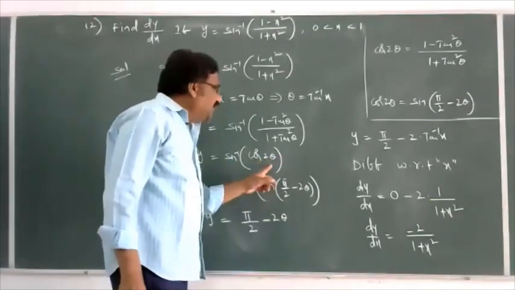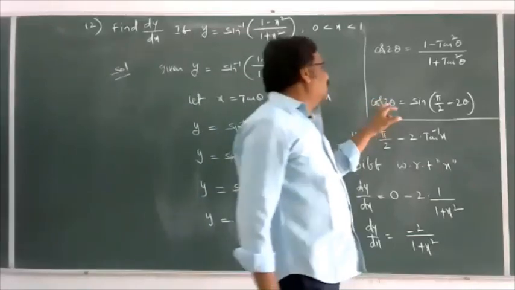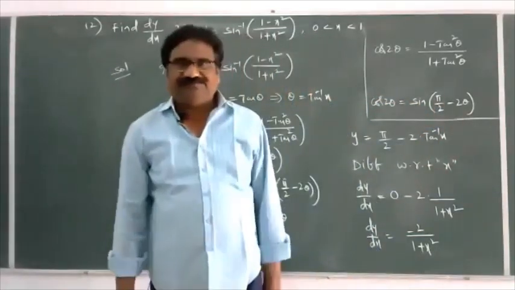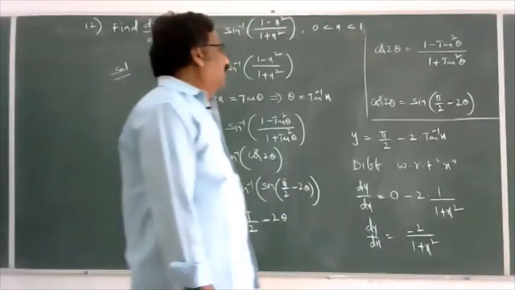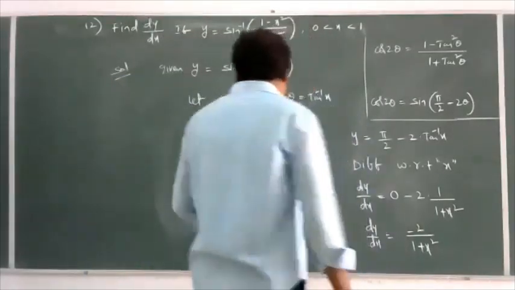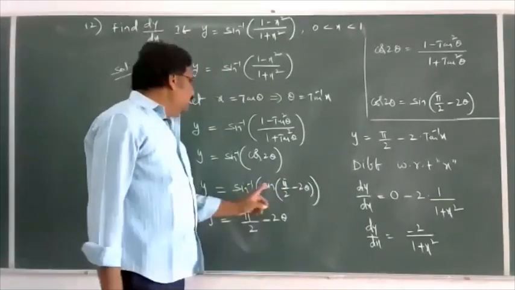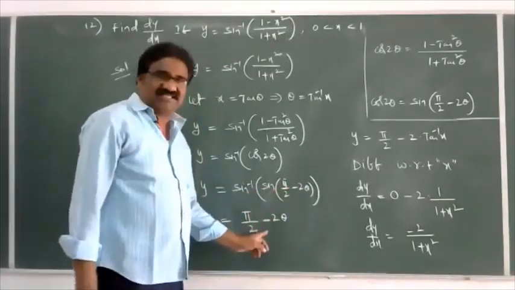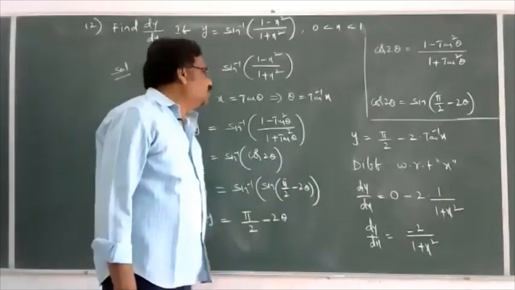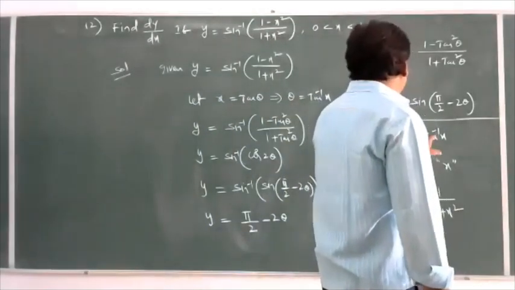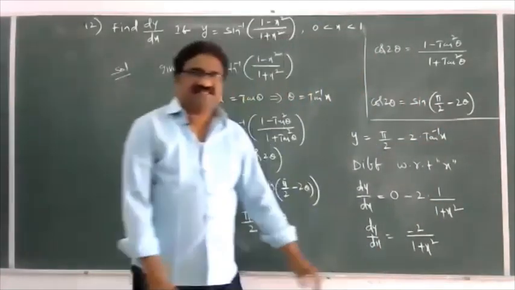Cos 2 theta is equal to sine of (pi by 2 minus 2 theta). Sine inverse of sine x is x, that is, pi by 2 minus 2 theta. That is, y is equal to pi by 2 minus 2 into tan inverse x.